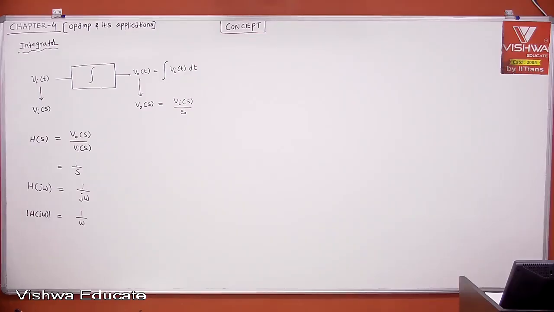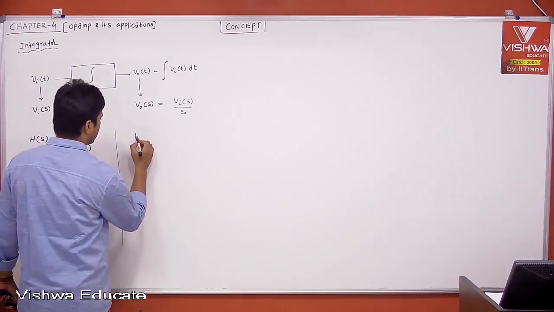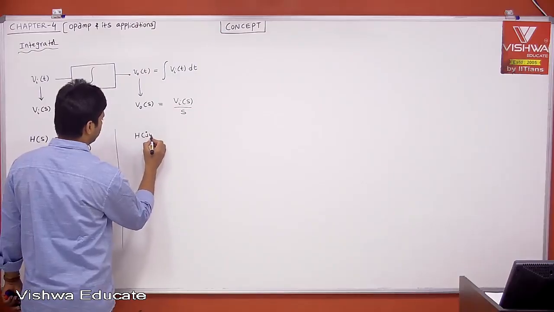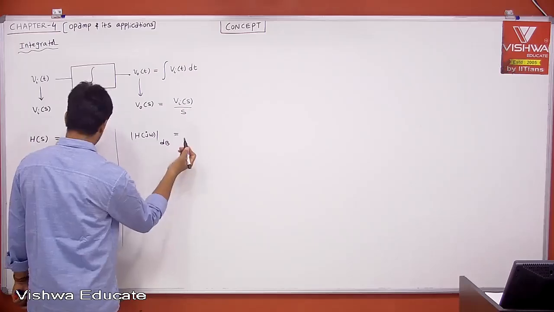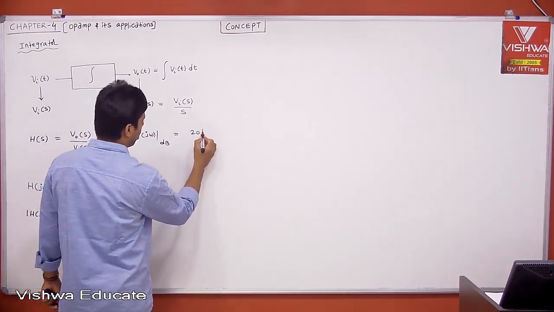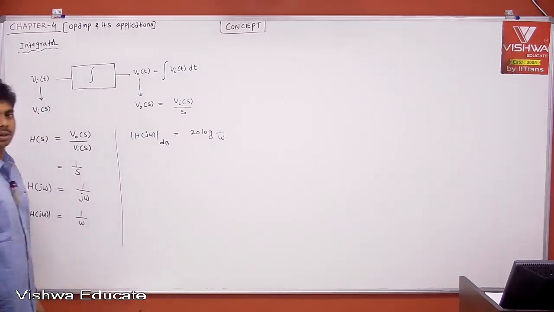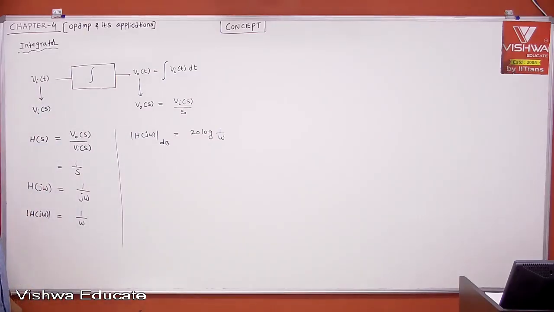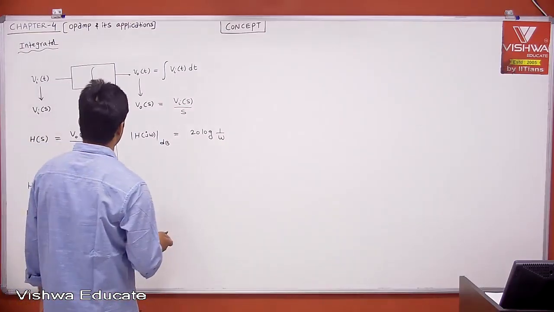Let me convert into dB. Mod H of j omega in dB is equal to 20 log 1 by omega, right? Now if I plot the frequency response, then we will get the answer.